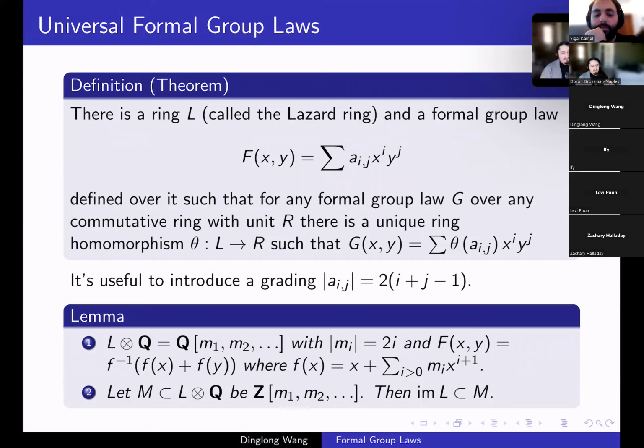They don't show up in topology. We'll see that formal group laws classify deformations, and in topology, the deformations we need are classified by commutative formal group laws, but in general, there can be complicated ones that are classified by non-commutative ones.